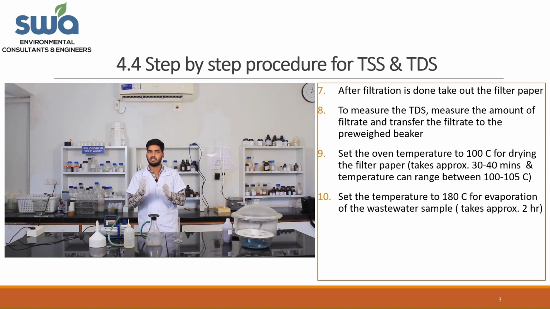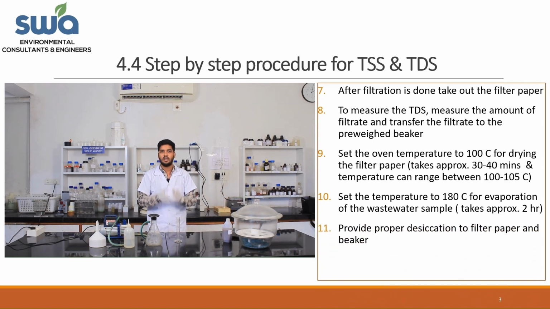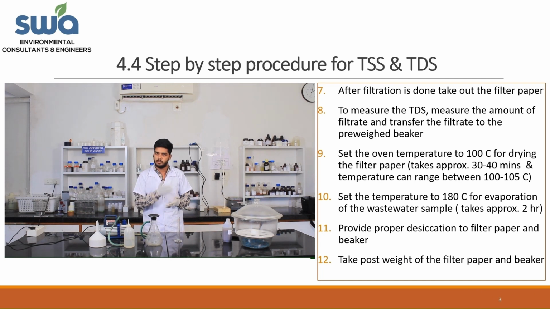After the water sample is evaporated and the TDS remains in the beaker, take out the beaker also and put it in the desiccator. Take the post weight of both the filter paper and beaker and note the readings. After that, we will move to the calculation part.